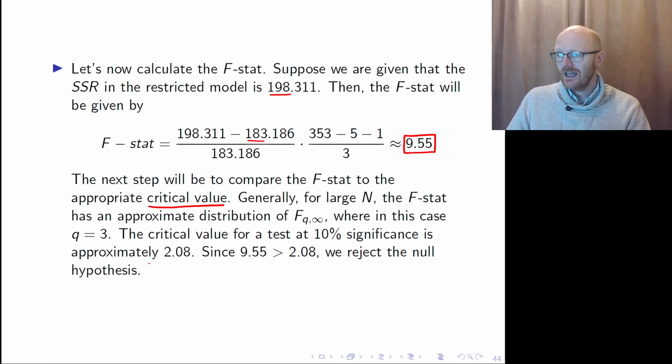We have to compare the F-stat to a critical value, and for large n, like above 300 or 250, we can assume an underlying normal distribution, but the F distribution with infinite degrees of freedom, and we have to supply the number of restrictions.